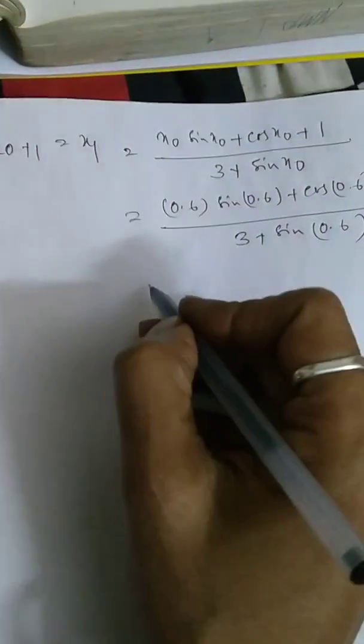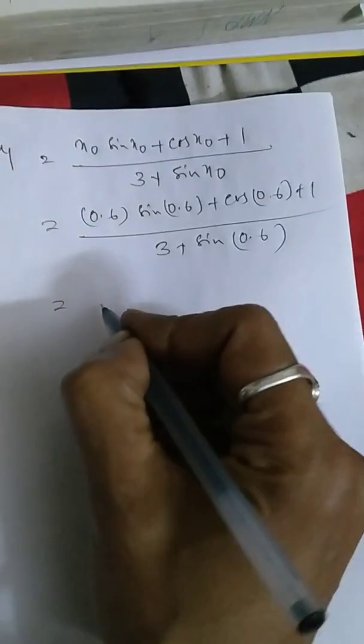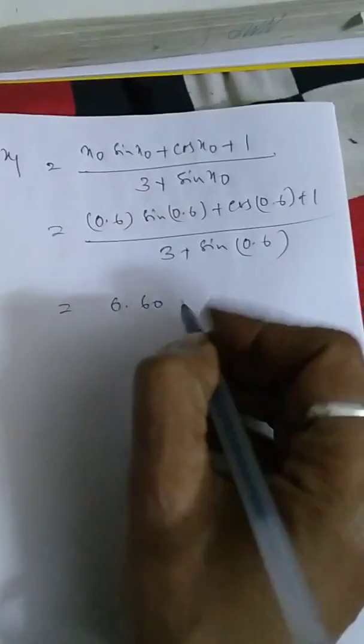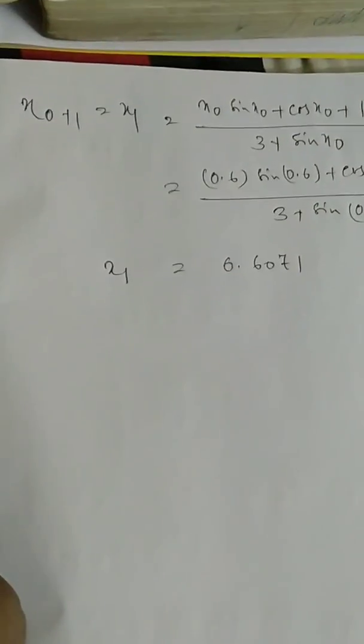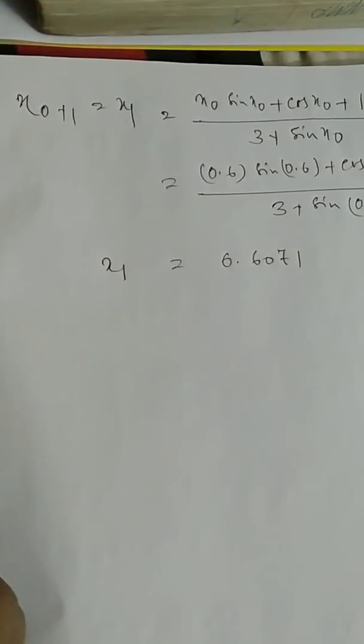And after calculating, the answer will come 0.6071. This is x1. Okay, so here we find x1 equals 0.6071.